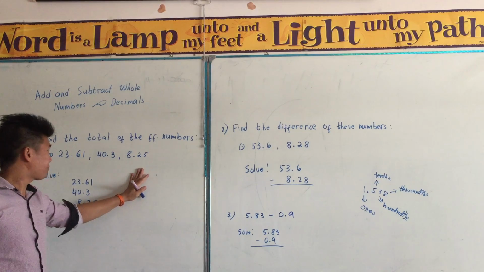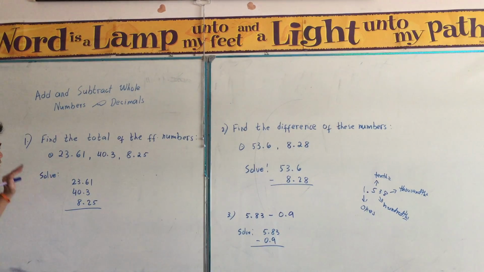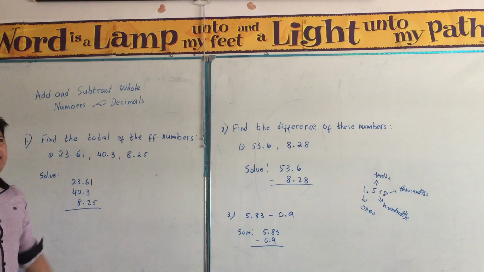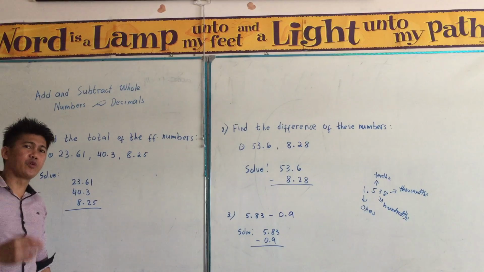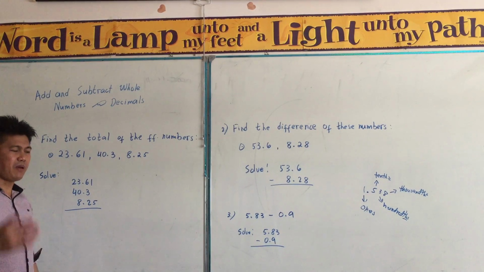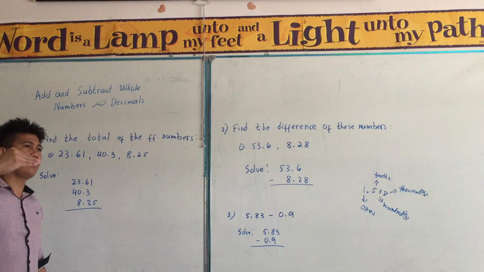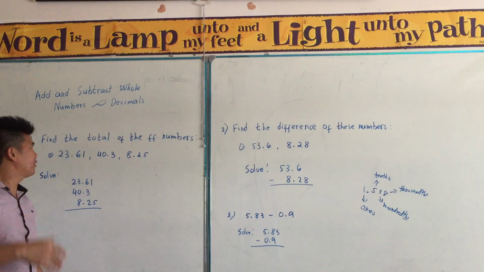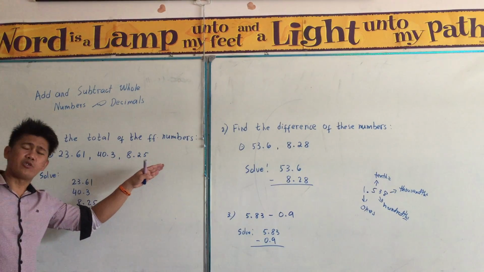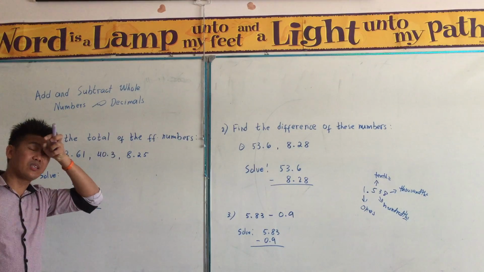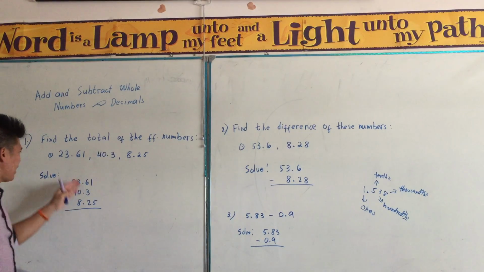Okay, so now after that you have to set up the equation. You can also solve it in a horizontal way, but to make it easier for you, especially those who are having difficulty looking at it in a horizontal way, then you have to make it vertical, like this one.